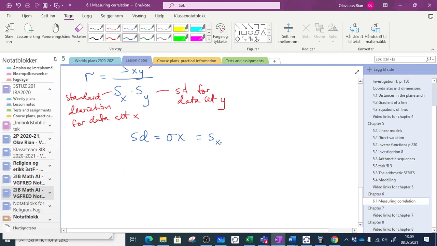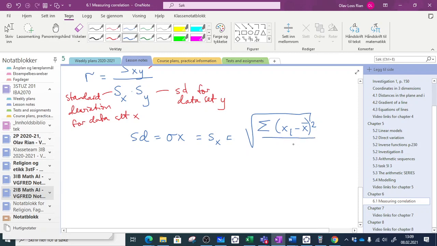But Sx is equal to the square root of the sum of all the x's, and then we subtract the mean, and then we square it.